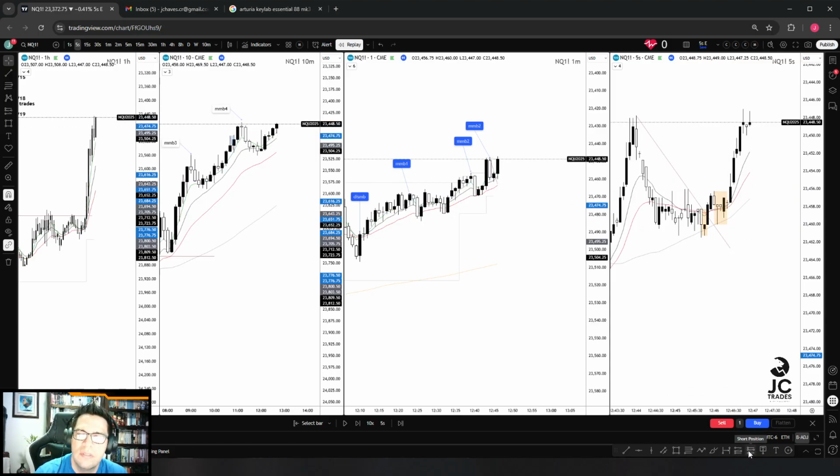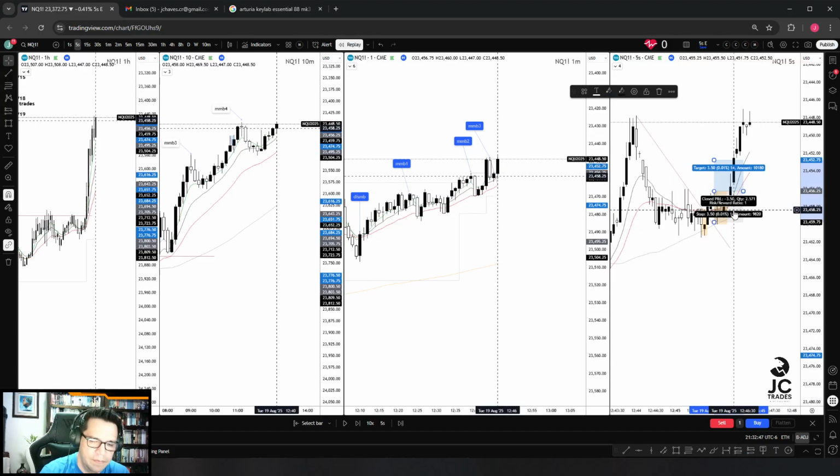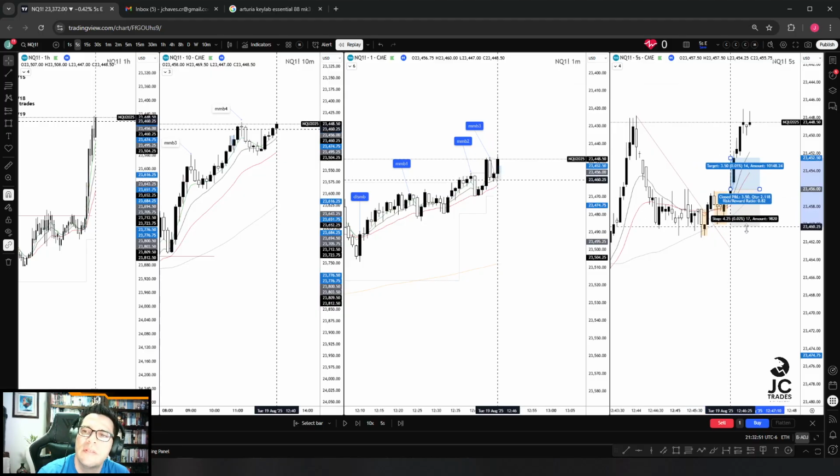So let's just consider this one. Let's see where we have put our buy stop, our stop loss. Here's a 2R. Here is at 1. So this would be 1R, and here we would be covering the whole.